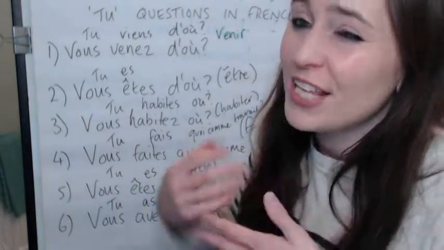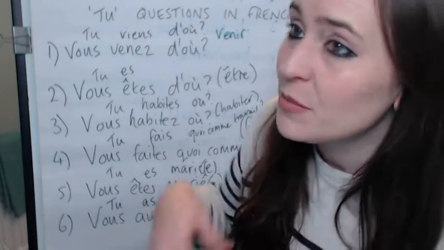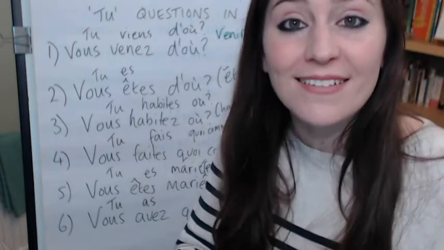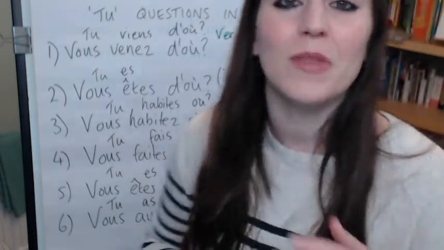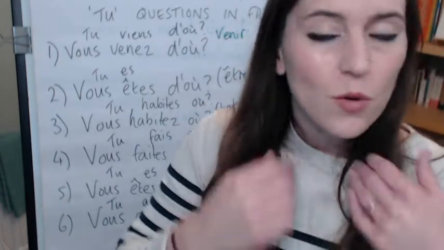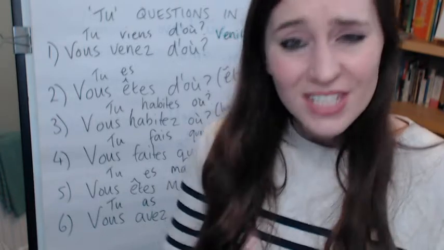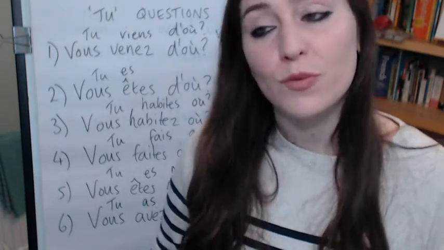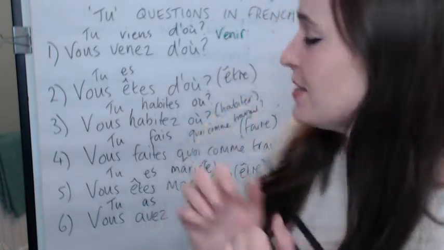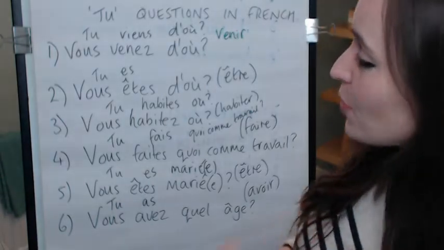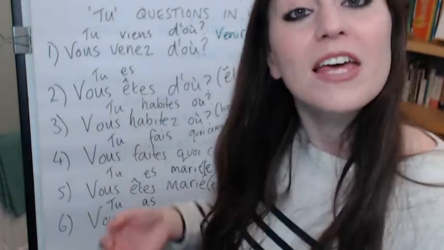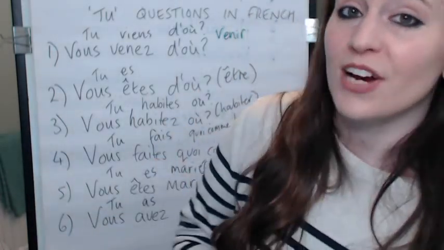Maybe you know êtes-vous or vous êtes, but you just couldn't think of tu es. It's not a problem. Language is something that you can always improve on. Even if you've been studying it for years or even teaching it, there's always room for improvement, which is so exciting. So that's how you change some questions from the vous form to the tu form in French.